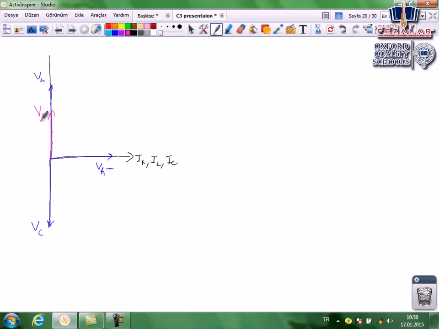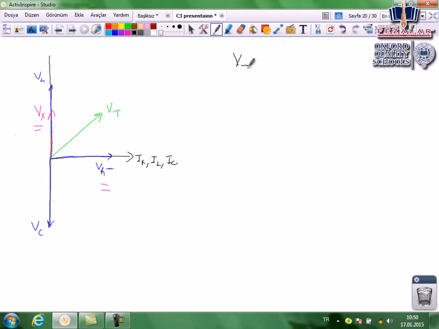Now we have two vectors, Vx and VR, so there is a right triangle. We can draw the total voltage of these as V total, or V. So we can write the relation between total voltage, VR, and the other vectors.